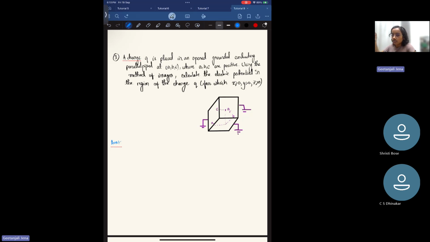Using the method of images, you need to find out what will be the electric potential in the region of the charge Q for which x is greater than 0, y is greater than 0, and z is greater than 0. Anyone can let me know what will be the total number of image charges here?